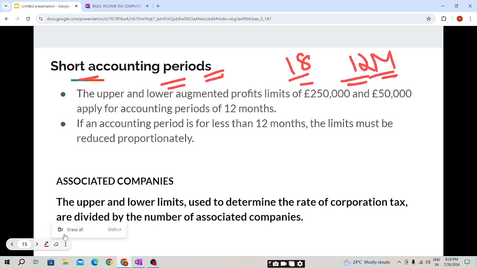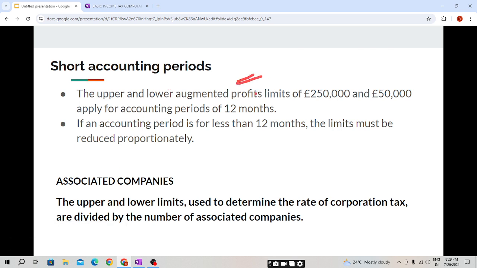So short accounting periods. The upper and lower augmented profit limits of 250,000 pounds and 50,000 pounds apply for accounting periods of 12 months.